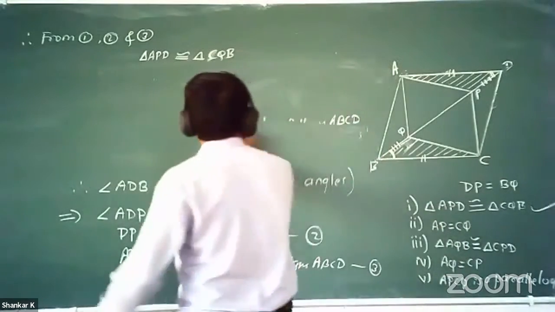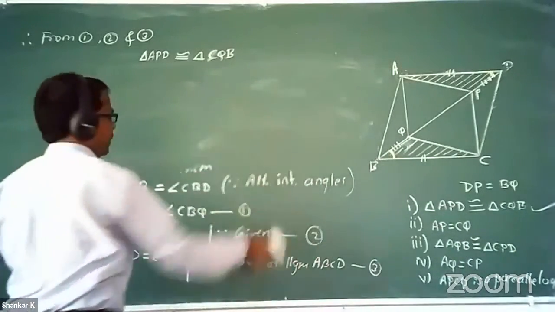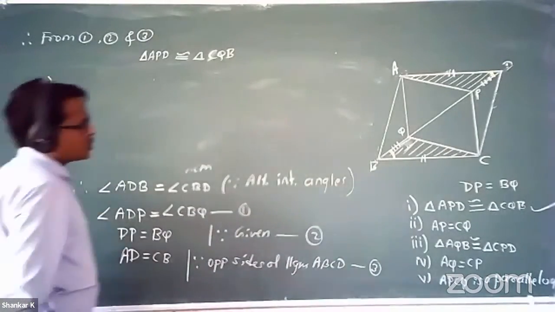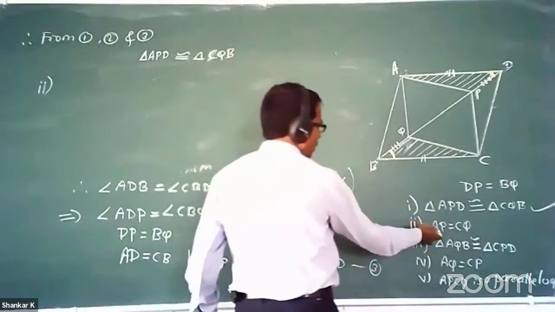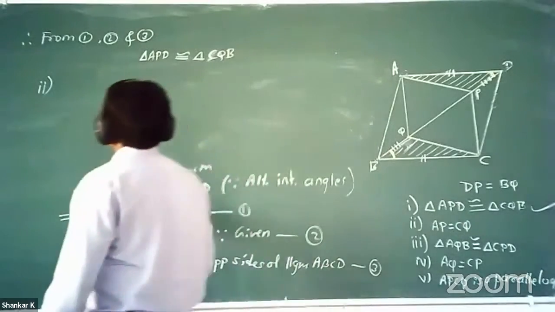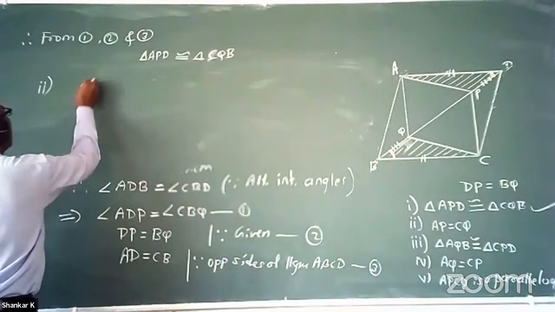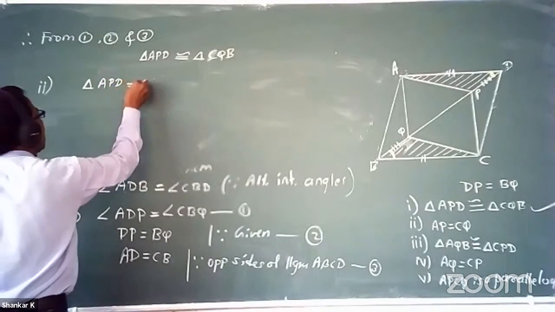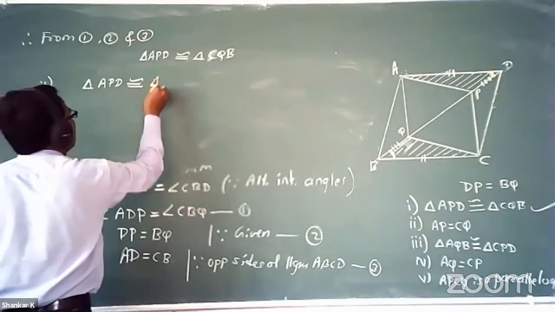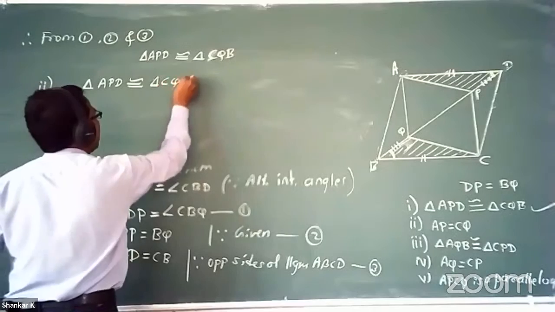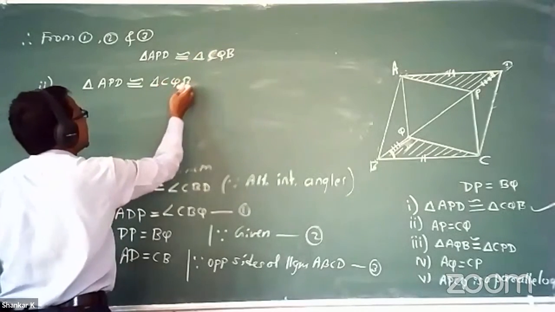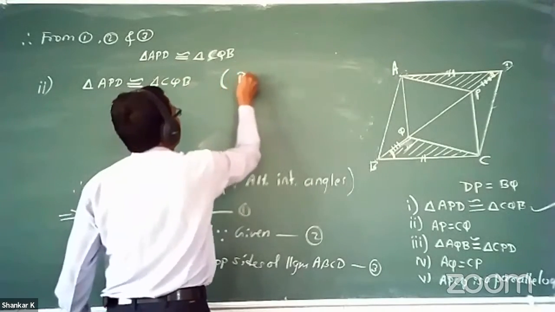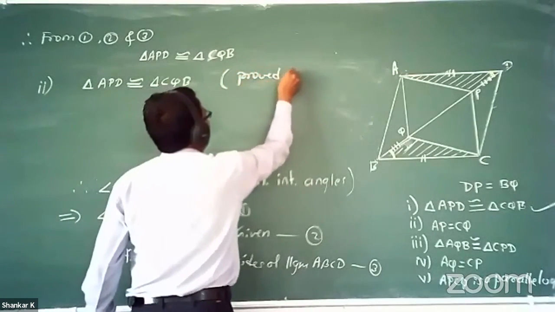Then second part. What is the second part? In second part, what is told? It is to show AP equals CQ. To prove AP equals CQ, triangle APD is congruent to triangle CQB. This only I am writing here. How did you write this?